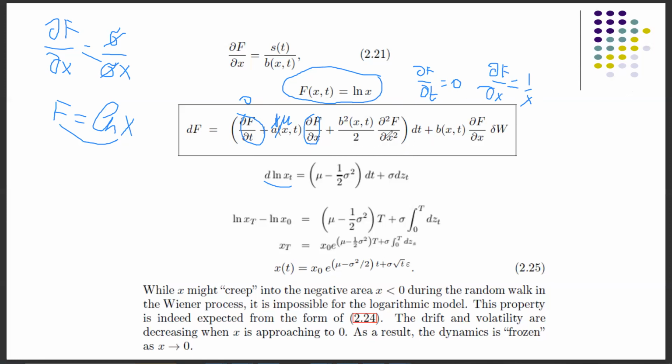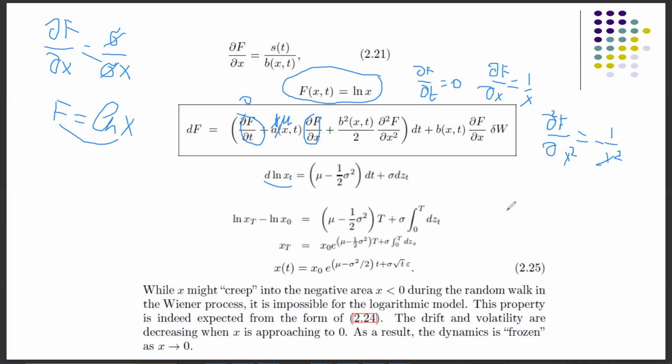Now the second derivative. The first derivative is 1 divided by x. The second is the derivative of this: minus 1 divided by x squared. Yes, you're right.